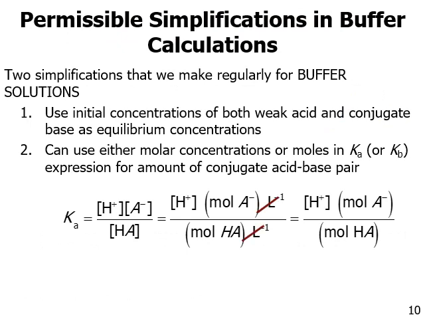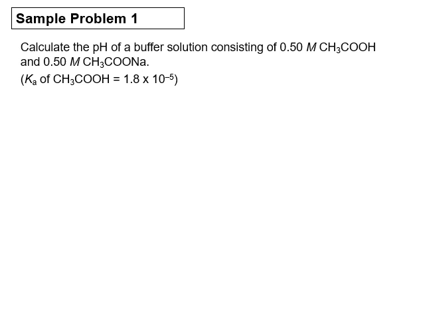So for example, the question is: calculate pH of a buffer solution consisting of 0.5 molar CH3COOH and 0.5 molar CH3COONa. Ka of acetic acid is given to you. So the first thing you have to recognize is that this is a buffer.